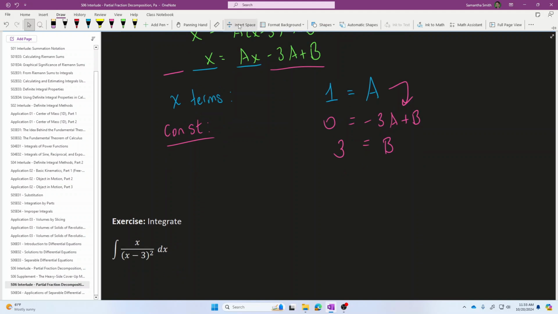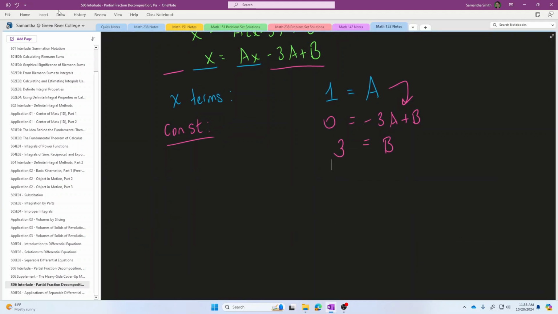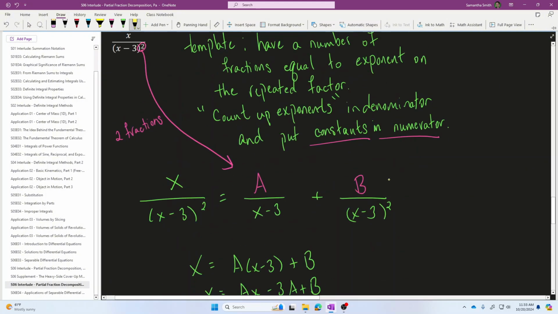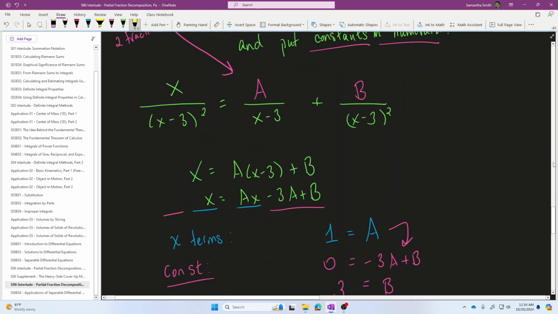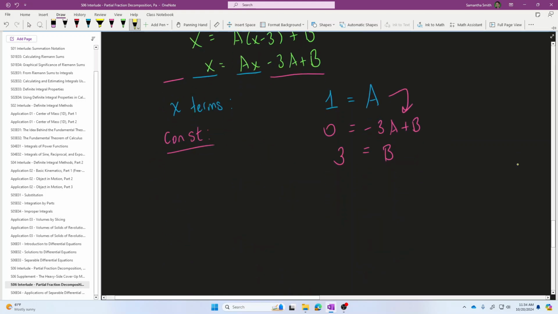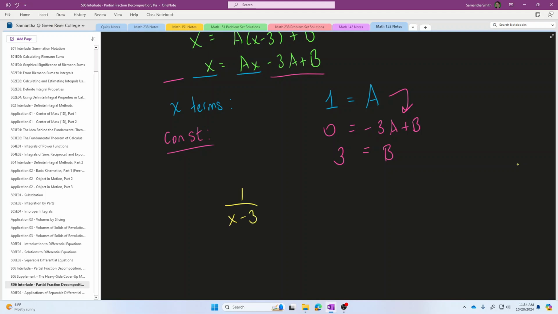Once I have found a equals 1 and b equals 3, all I have to do is take those two values and put them back into the template. This expression is equivalent to 1 over x minus 3 plus 3 over x minus 3 squared.